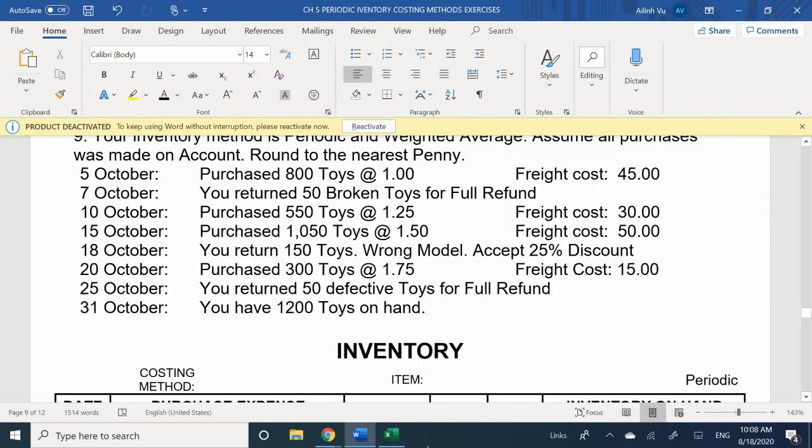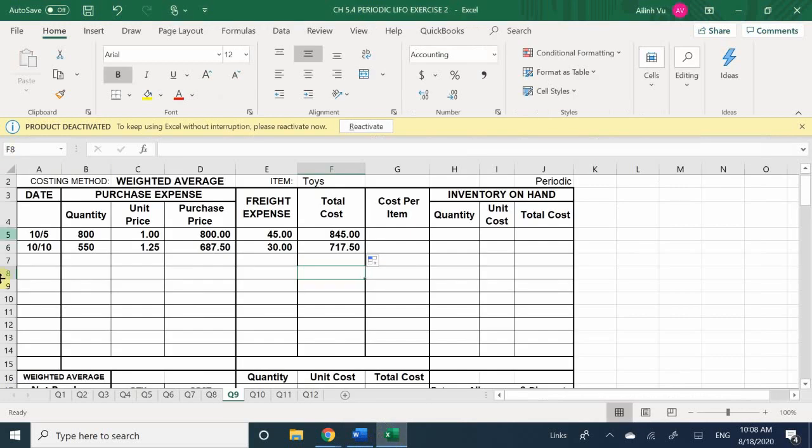What happened on October 15th? An additional 1,050 toys was purchased at $1.50. Okay, $50 freight. So here at October 15th, we got 1,050 at $1.50.